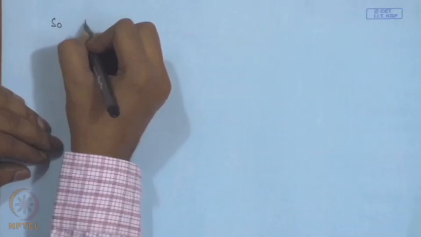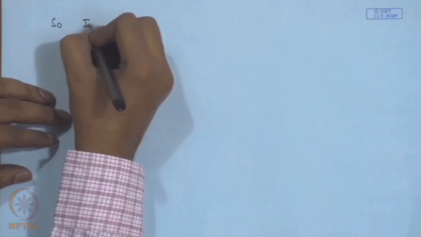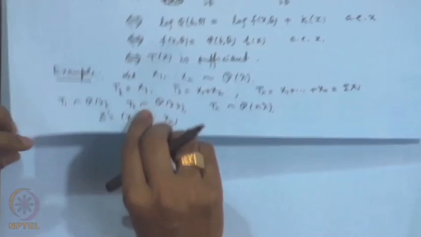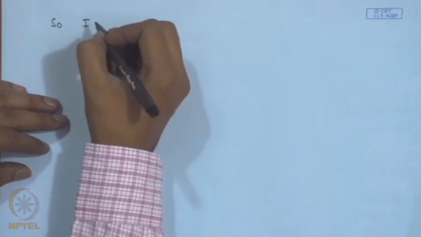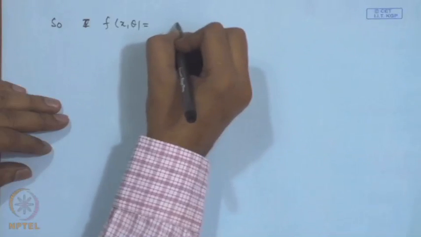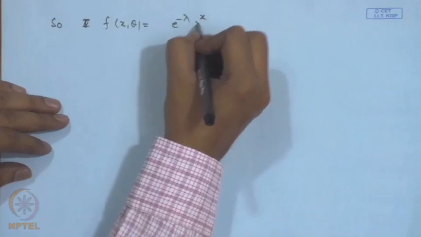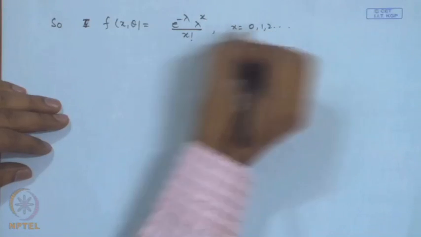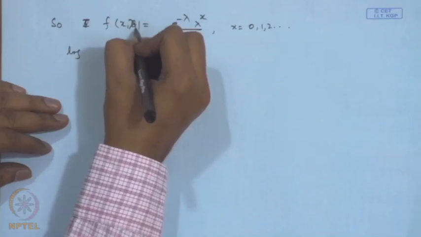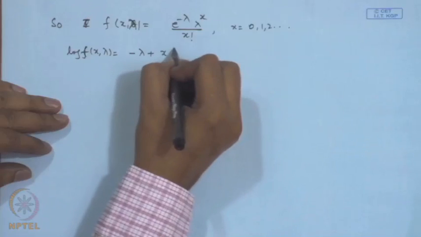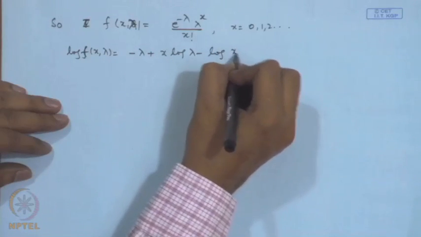So, information in one of the x, that is calculated. If I calculate the information in x 1 and if I take n times that, information is easily, we can see an additive function. So, the density function or the probability mass function in the Poisson distribution is, so log of this is f x lambda, minus lambda plus x log lambda minus log of x factorial.